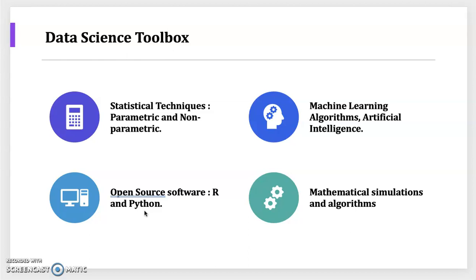A data science toolbox comprises advanced statistical techniques, mathematical algorithms, software programming techniques, machine learning algorithms, as well as artificial intelligence. The data science paradigms involve the usage of numerous techniques to provide insightful knowledge.